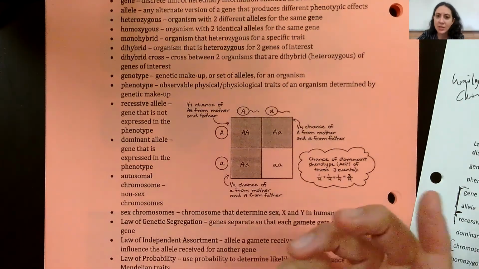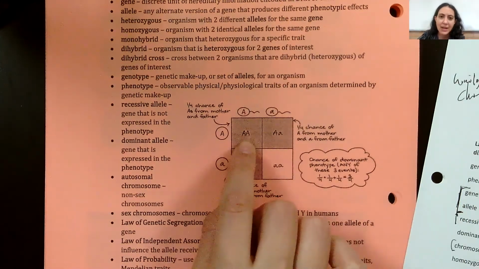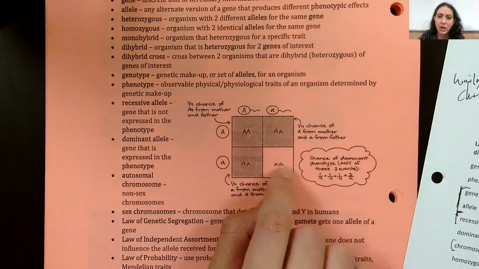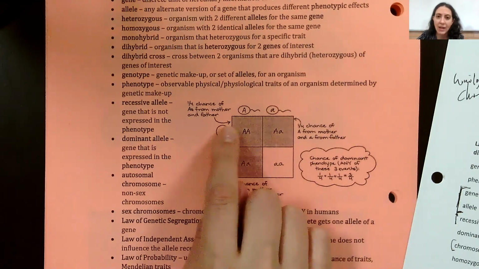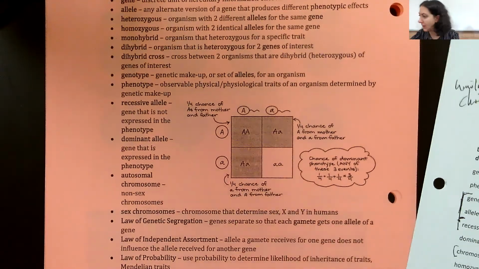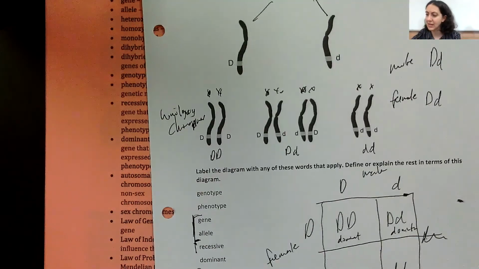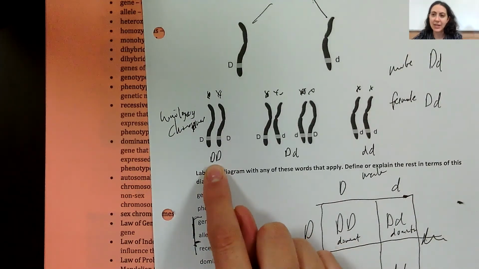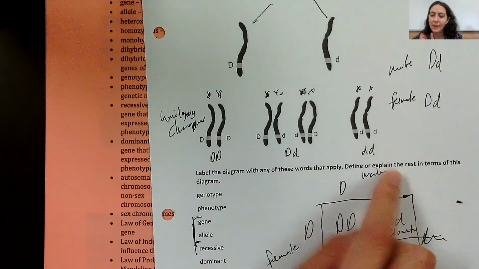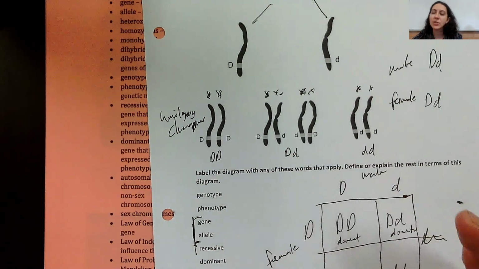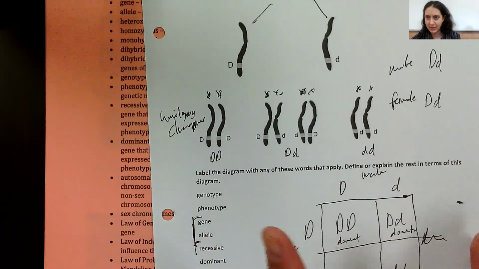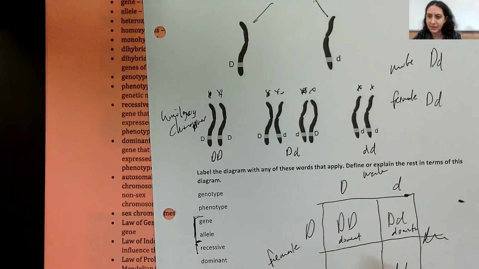Genotype is the genetic makeup. A genotype here would be AA, capital A, or lowercase a. In the example from class, a genotype is DD. Those are the genotypes. So it's the actual genetic content, like what genes are present.